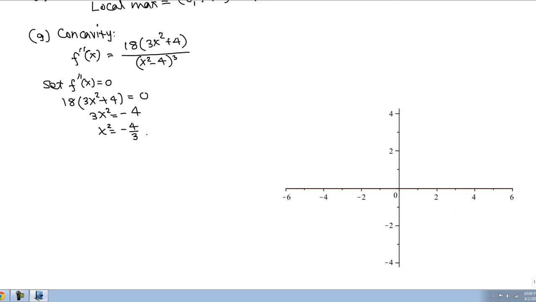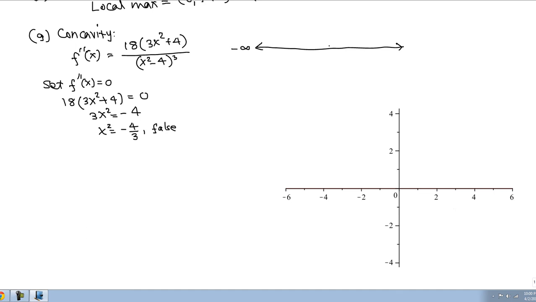Which is a false equation. We can never have a squared quantity be negative. Even if you take a positive or negative number, when we square we always get positive. So there are no inflection points because we didn't find any x value. But we need to do the interval test because the domain of the function is already broken into three pieces due to vertical asymptotes.